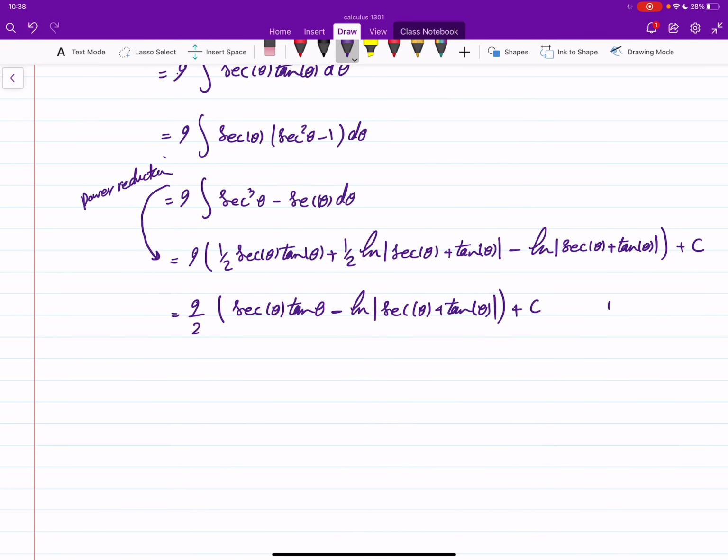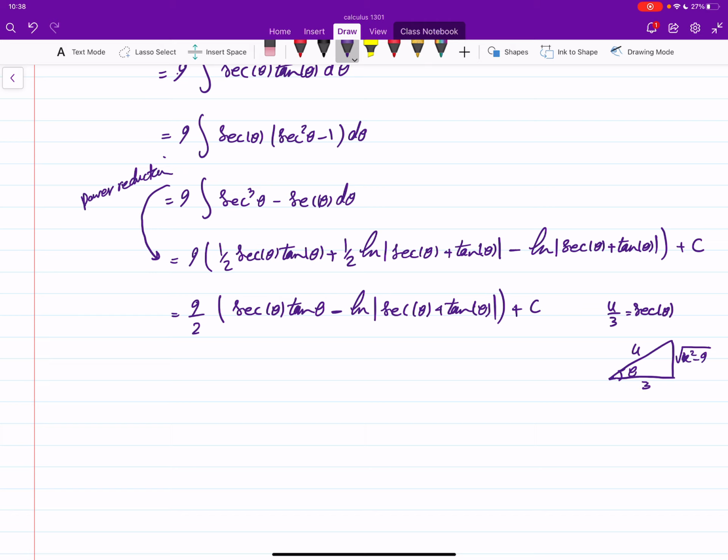Now we want to turn everything back into the u variable. Remember that u over 3 was secant theta. Draw the reference triangle there. So theta is there. Secant is hypotenuse over adjacent, so it will be u over 3. I can put u and 3 there. As a result, what we will get here is the square root of u squared minus 9.